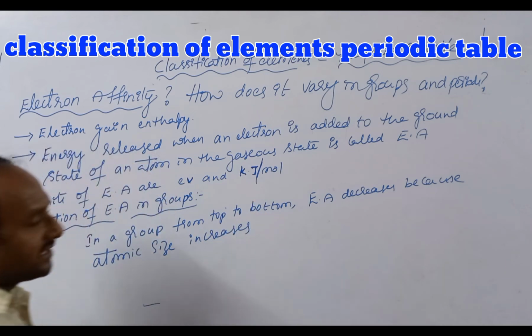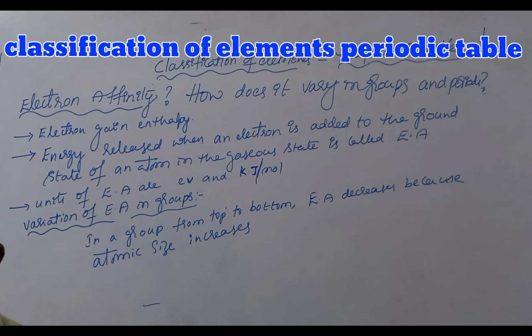So, this is similar to the change of ionization energy, which decreases in a group from top to bottom because of the increase of atomic size. Similar to that, electron affinity also decreases from top to bottom in a group because atomic size increases.